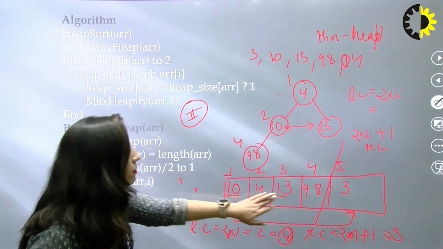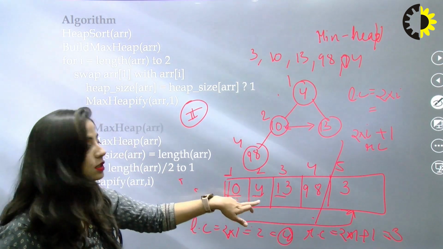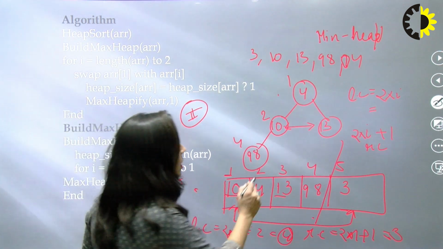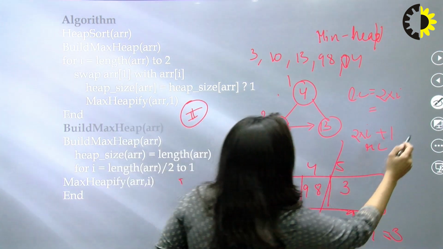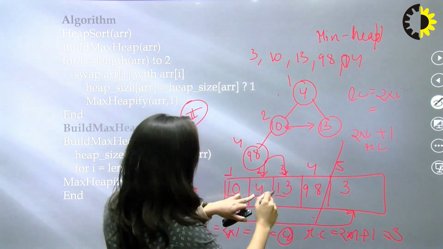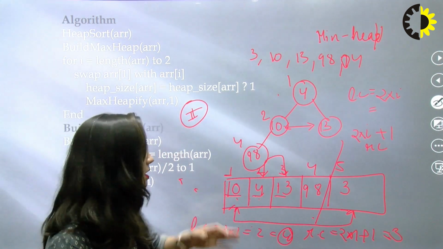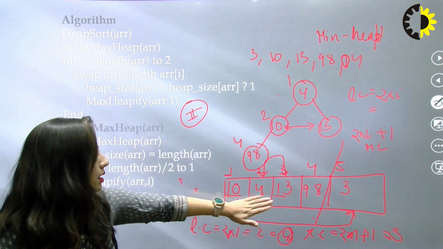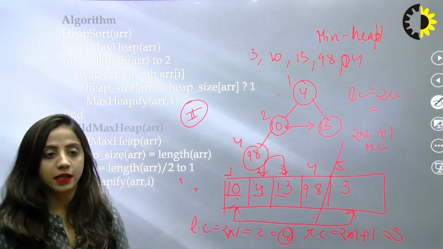Now compare between these two, which has the smaller value. Since 4 is smaller than 13, we will perform swapping here. Just a second, let me rephrase my sentence. I just told you that 4 is the left child of 10 and 13 is the right child of 10.